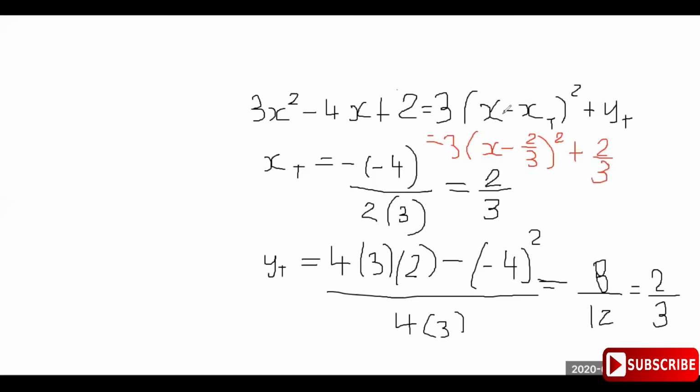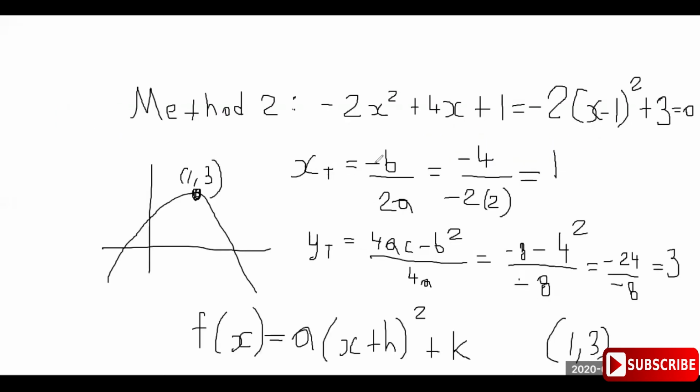I wasn't writing it in the form x plus h. If I was writing it in the form x plus h, the formula for h is b over 2a. But x_t is minus b over 2a. That's the difference.